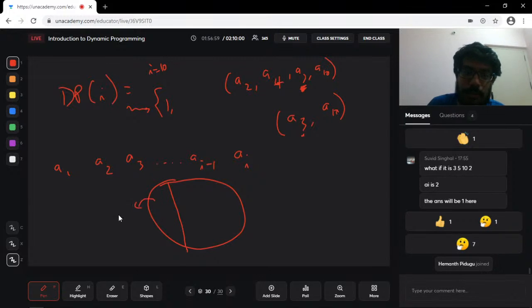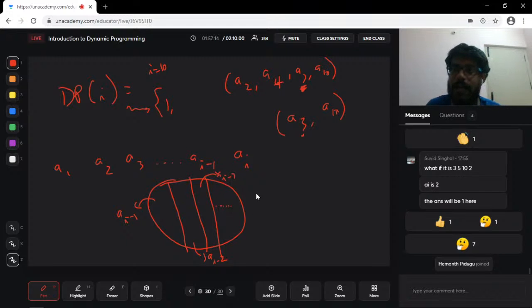Then I have another bag in which the previous element is A(I-2). Then another bag in which the previous element is A(I-3). Like this, I have I minus 1 different bags, the last bag being where the second last element is A1. So you see that I'm breaking this bag into I minus 1 smaller sub bags.